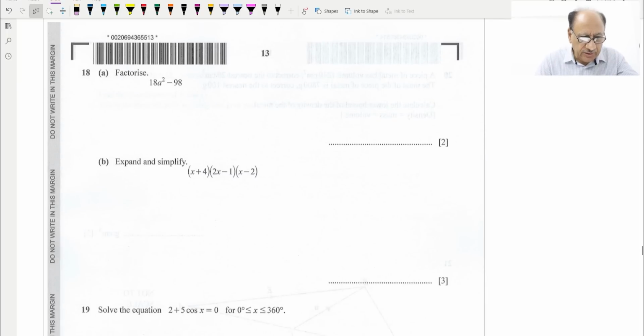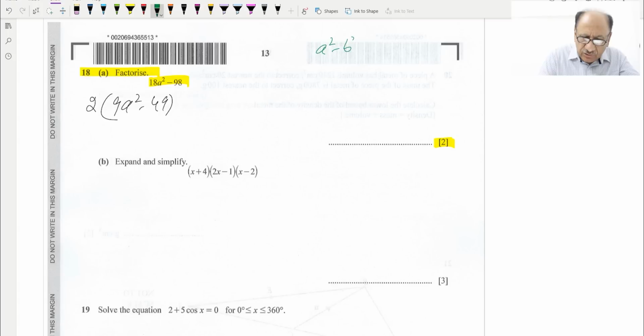Question number 18 says factorize. This is algebra, a very easy question, 2 marks. So we can take 2 common. Inside will be 9a square minus 49, and then we can apply the formula a square minus b square is equal to a plus b into a minus b.